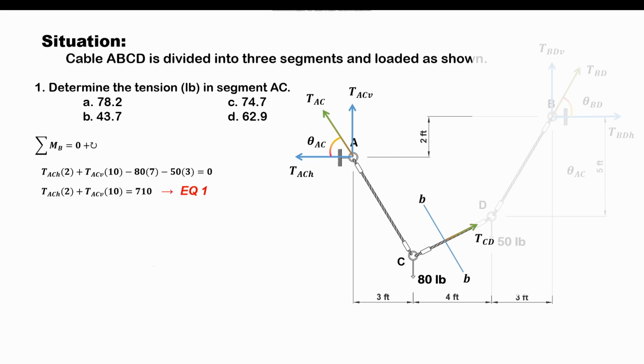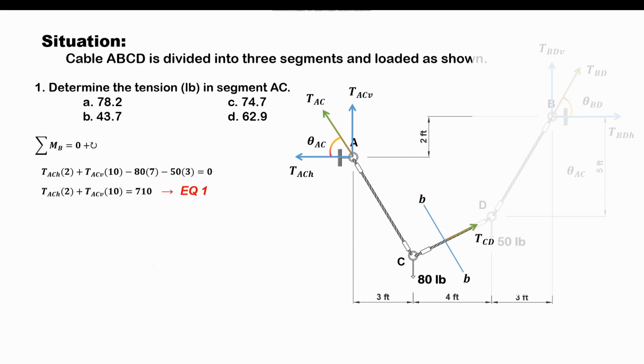From this free body diagram, if we were to apply the two equations of equilibrium pertaining to summating forces along the horizontal and vertical, the equation will involve another unknown, which is the tension TCD, and we don't want that one.